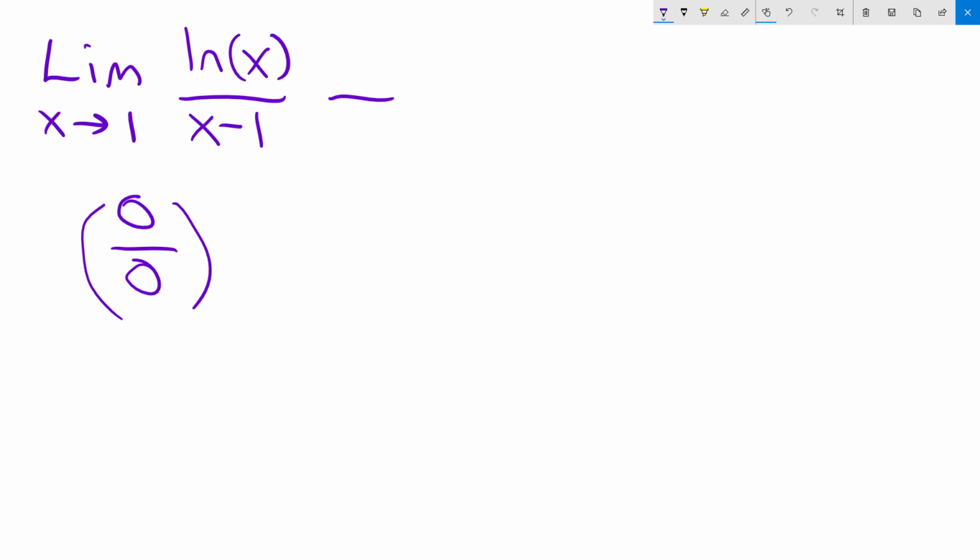So, how we usually write this, if we're going to apply L'Hopital's rule, is we write a little L apostrophe H on the equal sign to justify why this equals is true. We see that it's the same limit as x approaches 1, but we take a derivative of the top and the bottom individually.